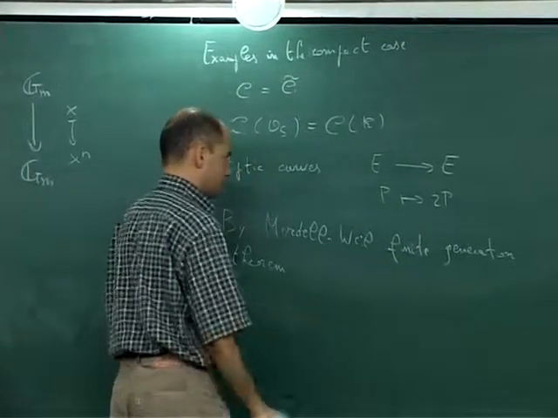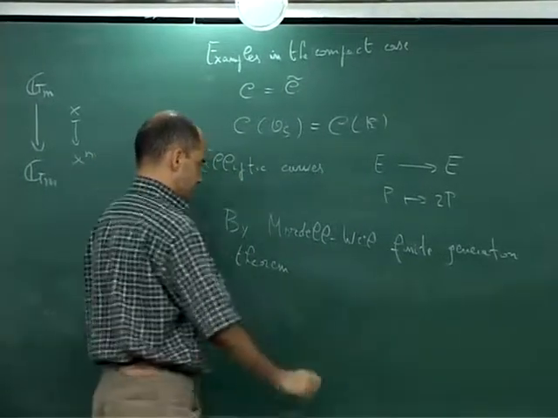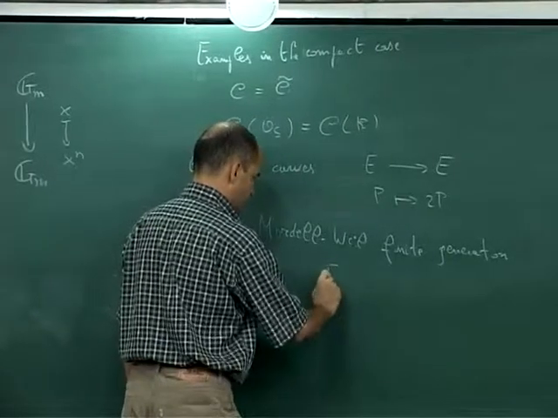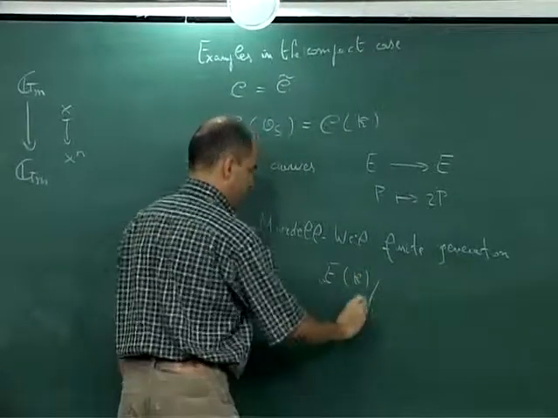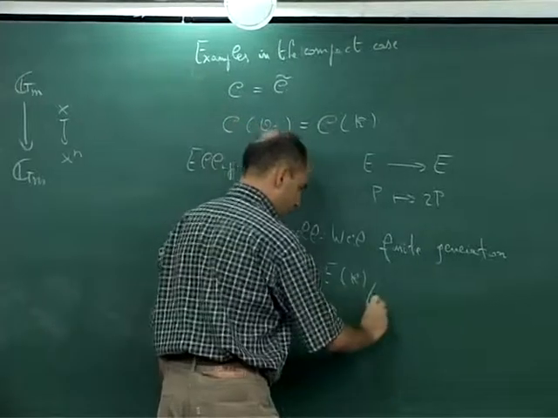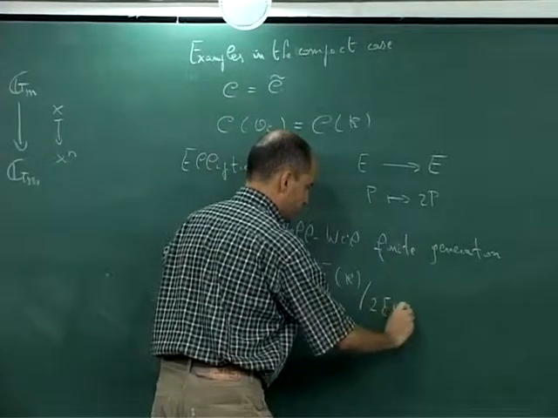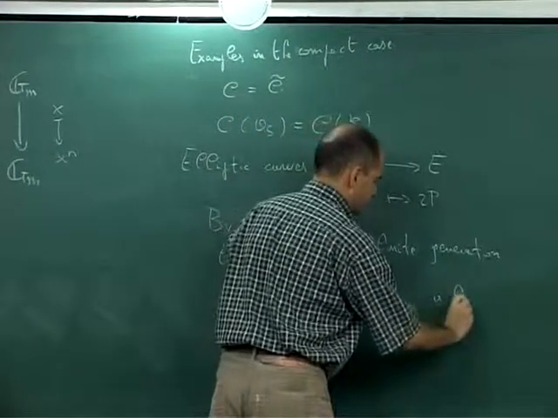that you have that the group of rational points modulo the subgroup of multiples of 2 is finite.